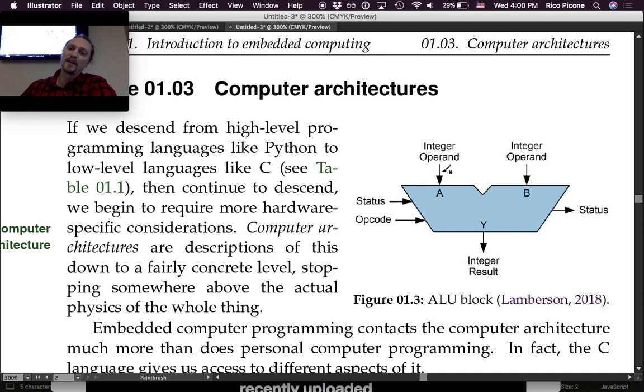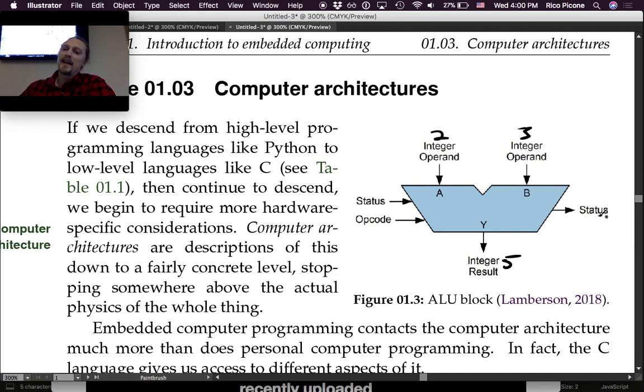From this address, send it to A. From this other address, send it to B. And then the control unit will give it a status and an opcode, for instance, sum. And you'll get an integer out of it. So if this was 2 and 3, you would get 5 out.